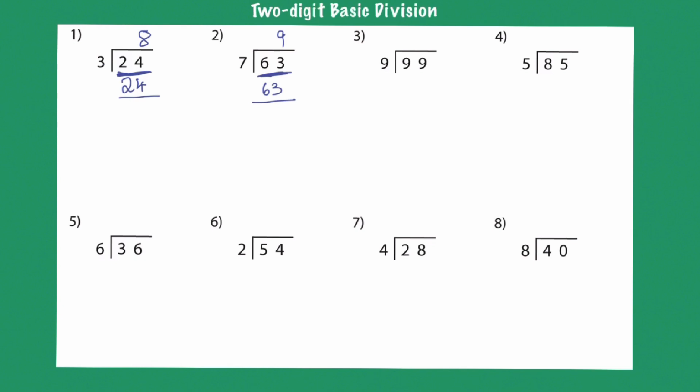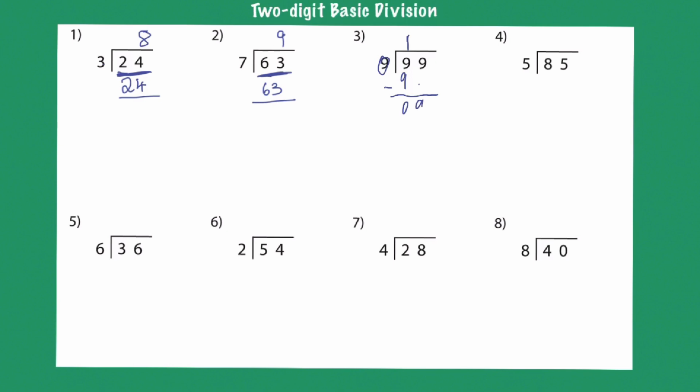Okay? Now let's take a look at number 3. This one has 99 as the total, that's the dividend, and 9 is the divisor. So 9 times what gives me 9? 9 times 1 gives me 9, and then you bring this down. 9 minus 9 is 0, so this doesn't count.